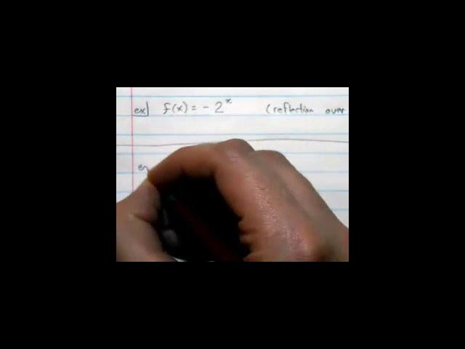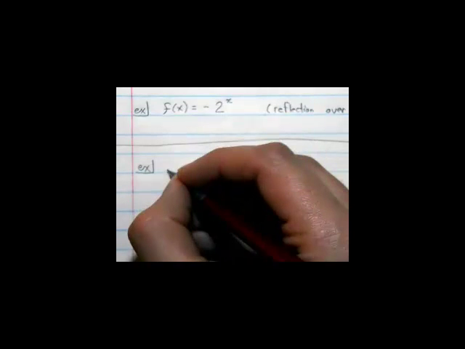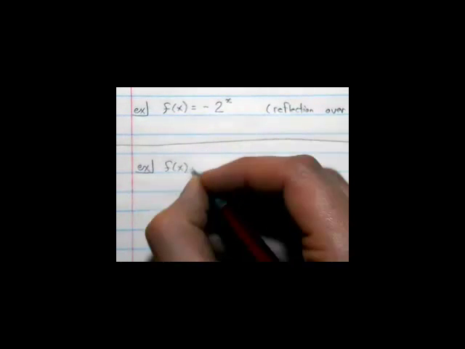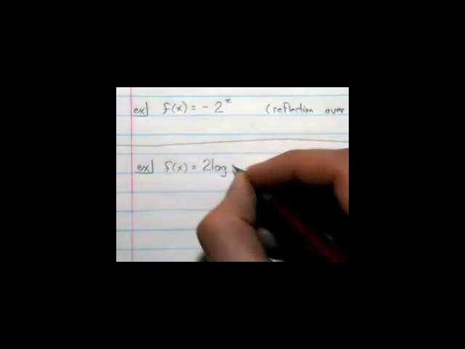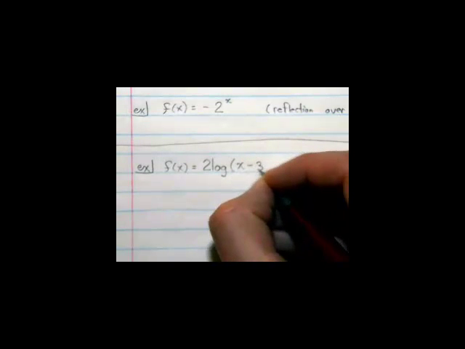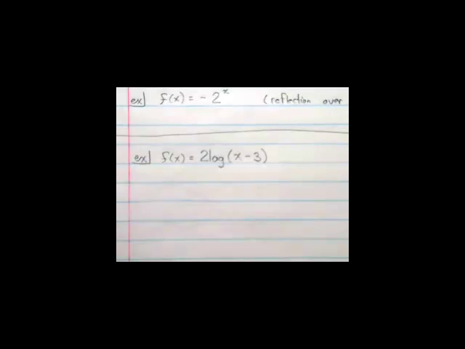All right, so let's try some combos. Do a few of these at the same time. Well, maybe a couple, 2, 3 of them at the same time. See if you can catch on to what's going on. So if I have a graph of 2 log x minus 3, and we're going to draw some little sketches of them too, real quick.